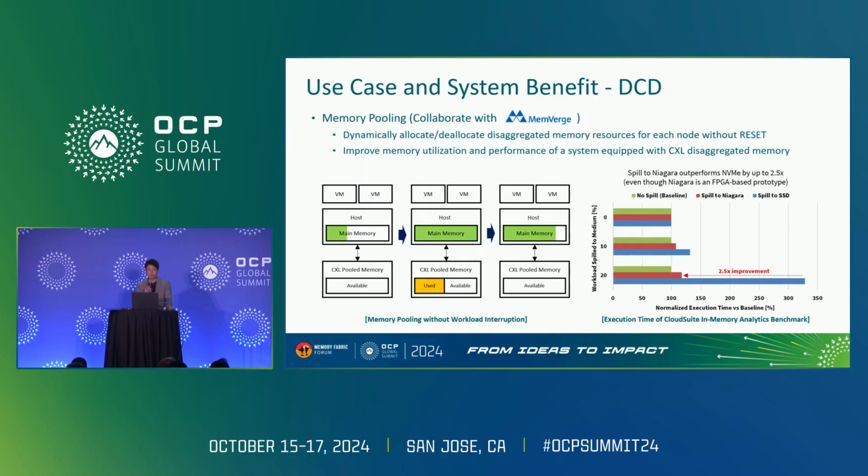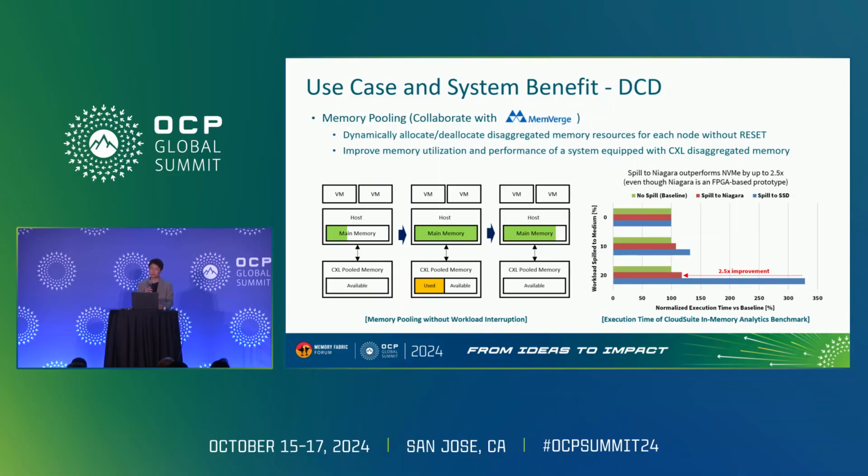All right, so now let's look at some of our benchmark results. We collaborated with members to evaluate the system performance with these use cases. The first use case is memory pooling. As shown on the left side, the Niagara can dynamically allocate or deallocate resources for each host.